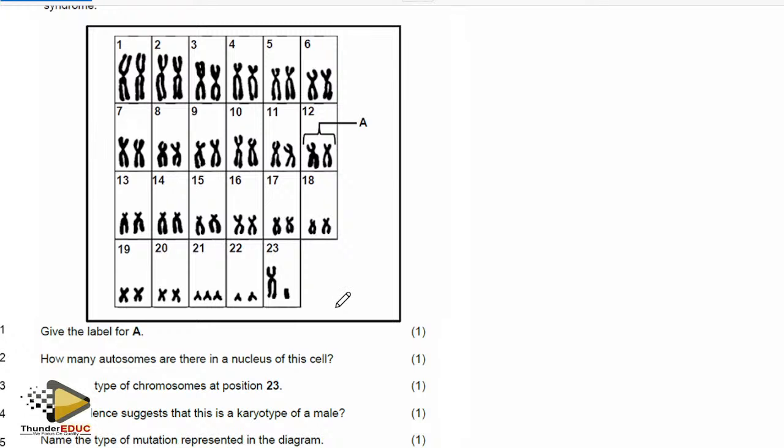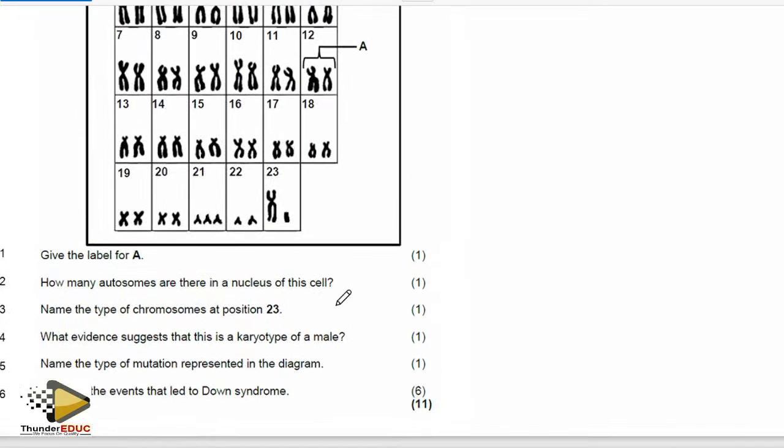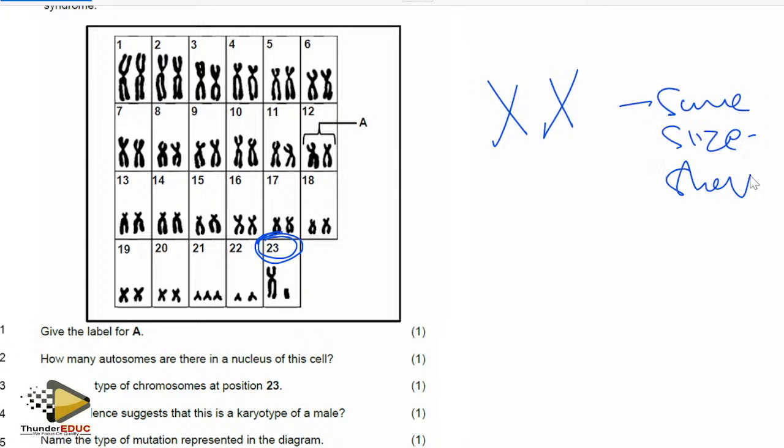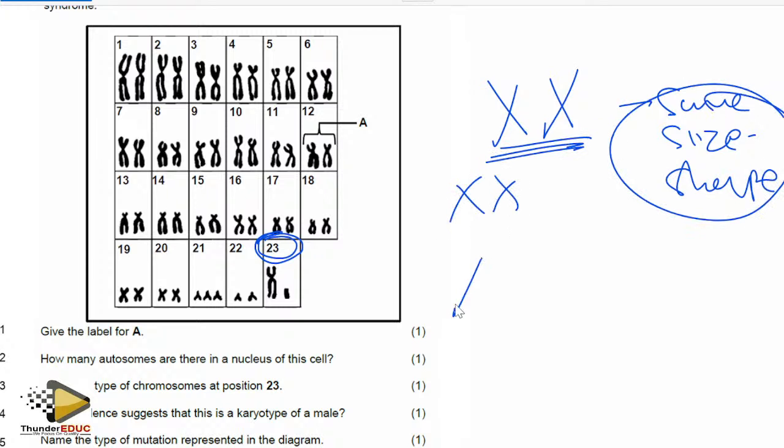Right. Now, we saw the karyotype last time. So, which karyotype is this? Is this for a male or a female? When they ask you that question, you go to chromosome pair number 23. If the two chromosomes are of the same size and shape, we shall say that is X and X. If they are different sizes, it's going to be X and Y. And don't forget that if it's X and X, it is a female.